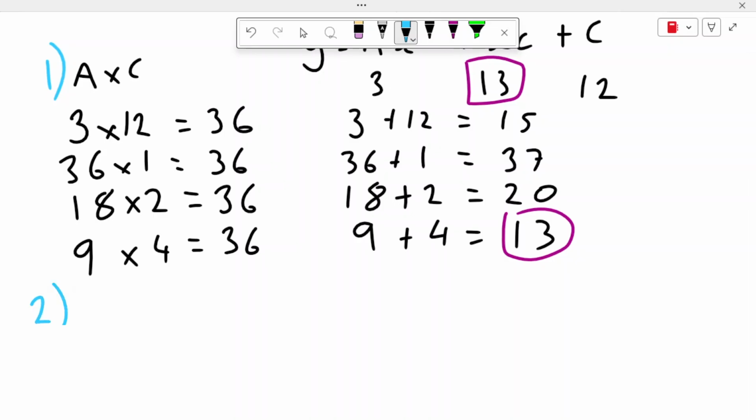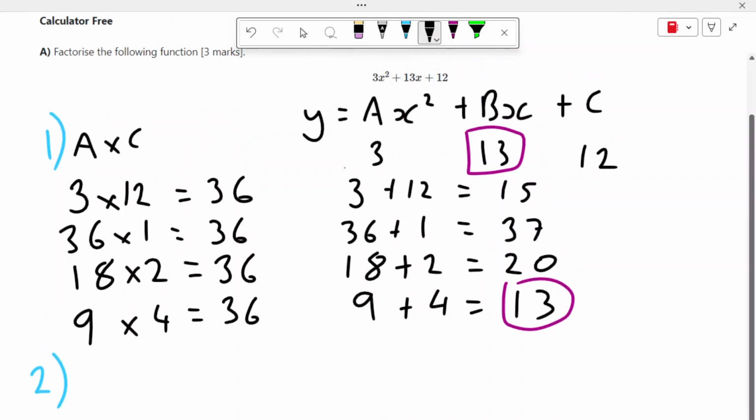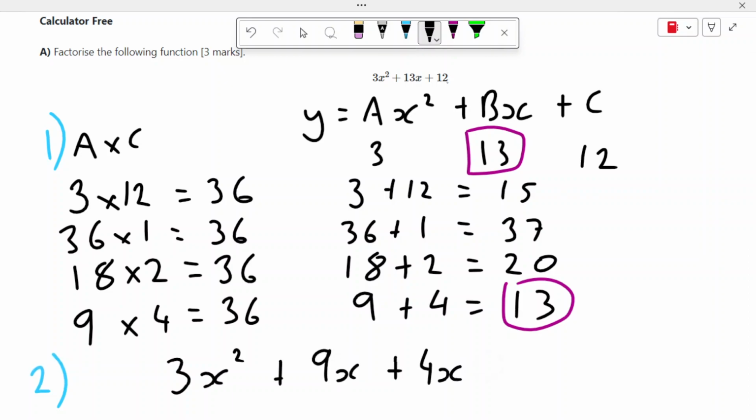Step number 2 is now splitting our original equation, 3x squared plus 13x plus 12. We're going to split that B component up into its factors. So we've got 3x squared plus 9x plus 4x plus 12.